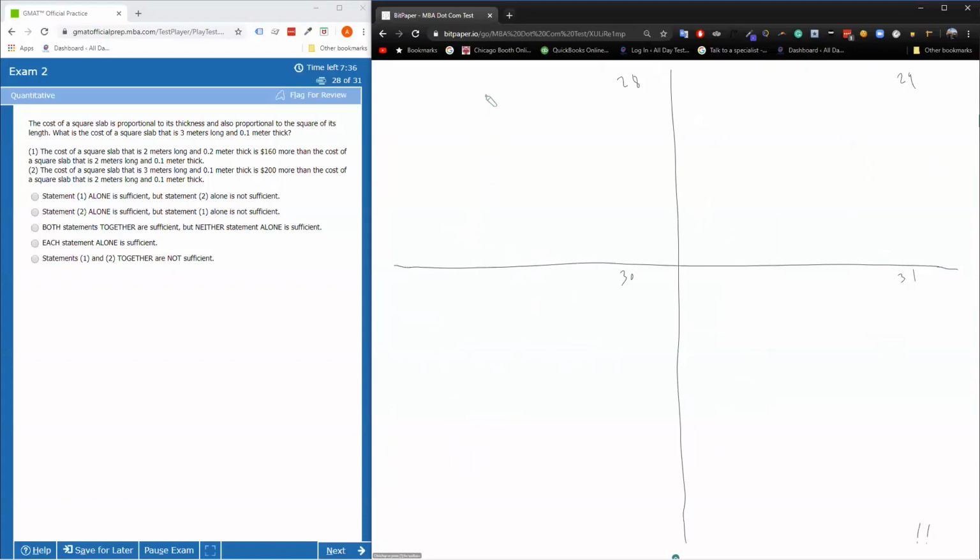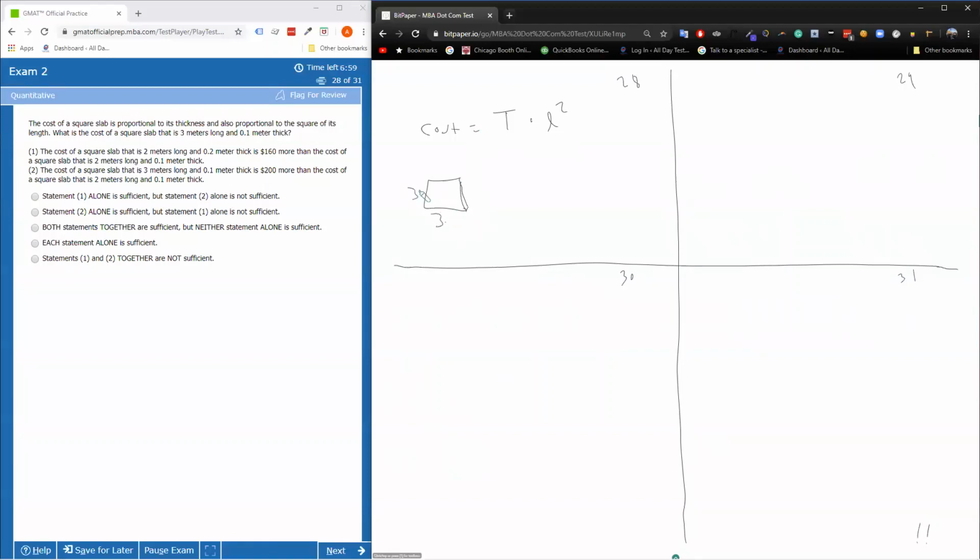The cost of a square slab is proportional to its thickness and also proportional to the square of its length. So cost is equal to thickness times length squared. What is the cost of a square slab 3 meters long and 0.1 thick?